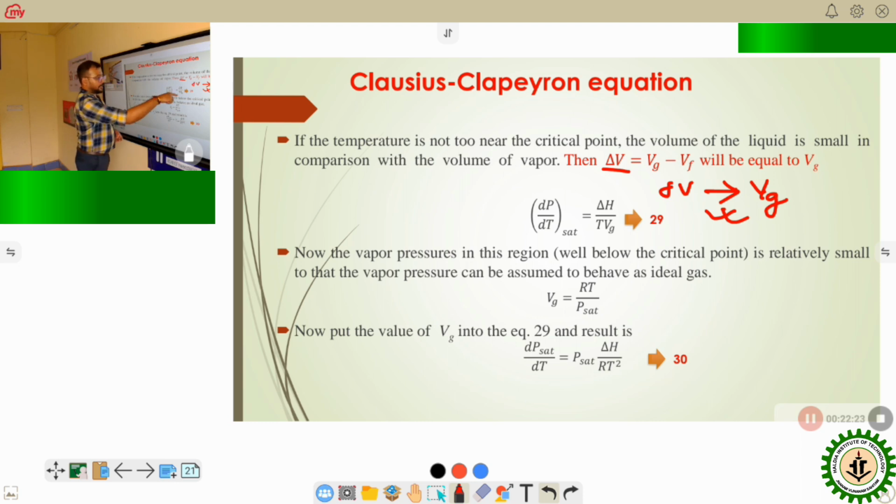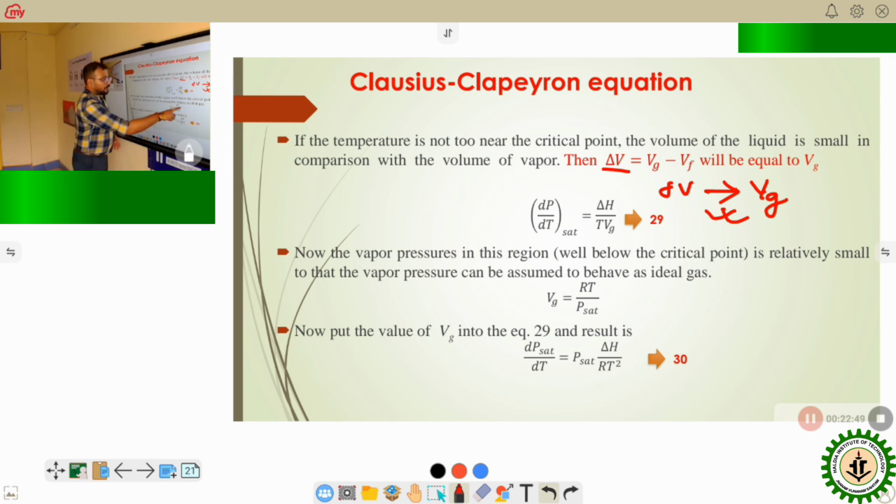Now, as we are considering Vg at very low pressure conditions, in this case Vg will be equal to RT by P saturated. Again, we are considering the saturation condition, which is very far below the critical point.